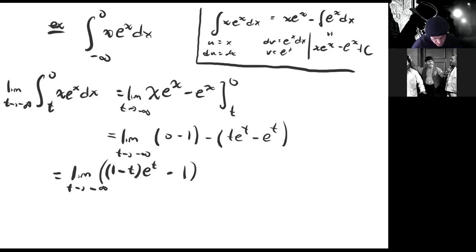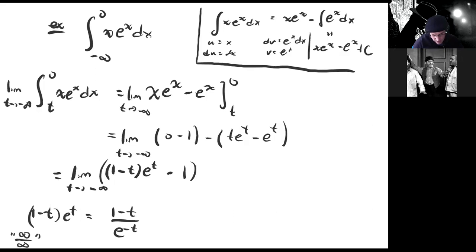So the 1 is really not a big deal. It's the first term that matters. So I'm going to write t e to the t as t over e to the minus t. The reason why is I'm going to use L'Hopital's rule. If we let t go off to minus infinity, both top and bottom become an indeterminate form of type infinity over infinity.